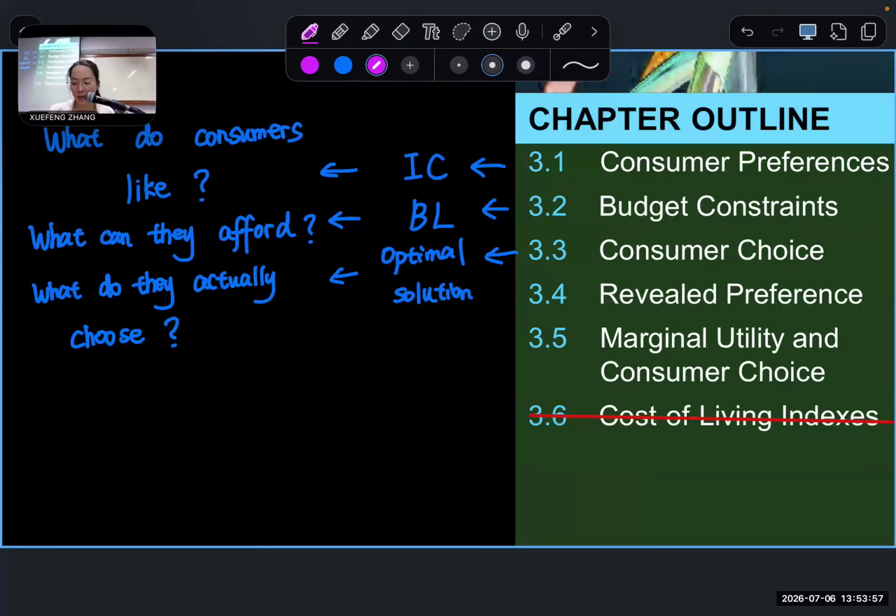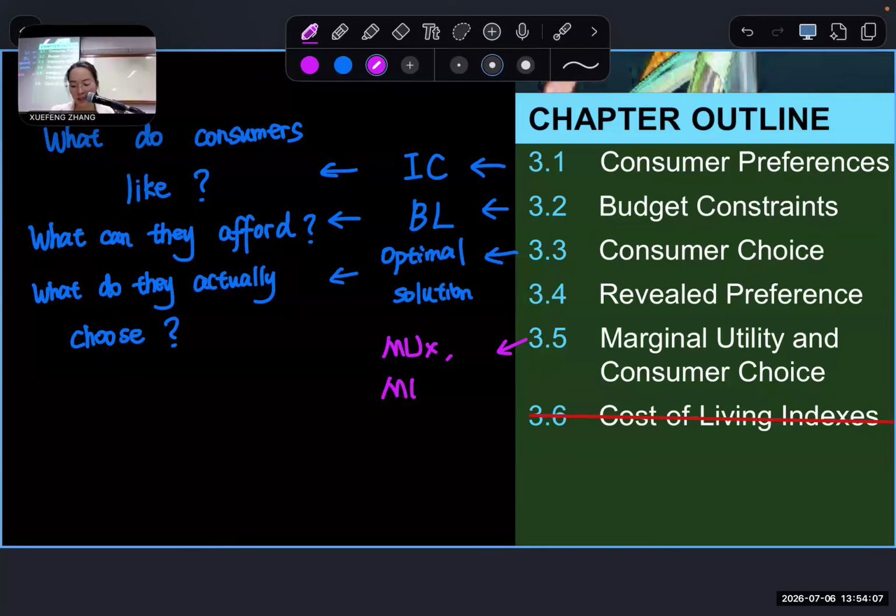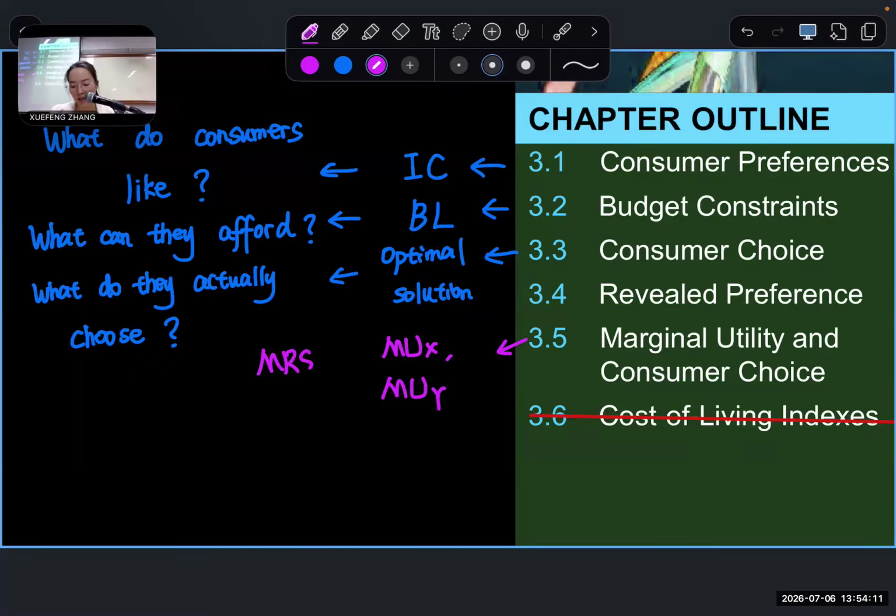Next, marginal utility and consumer choice. Here we talk about the marginal utility of X and of Y, and then we can get the MRS, the marginal rate of substitution of X for Y, which equals the marginal utility ratio.